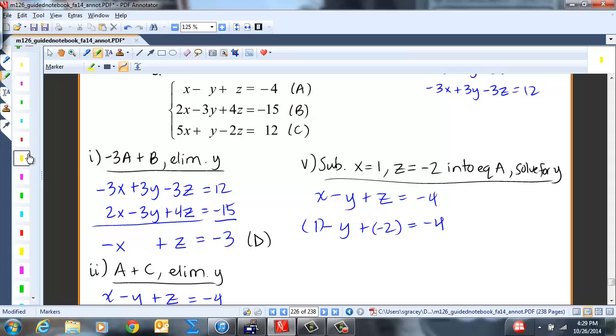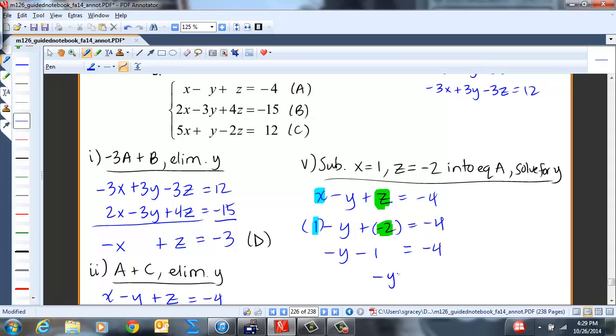So we're plugging in x is 1 and z is negative 2. And we'll get negative y. 1 plus negative 2 is negative 1, so negative y minus 1 is negative 4.